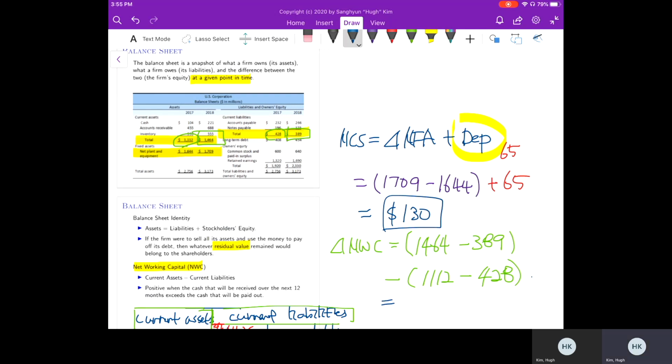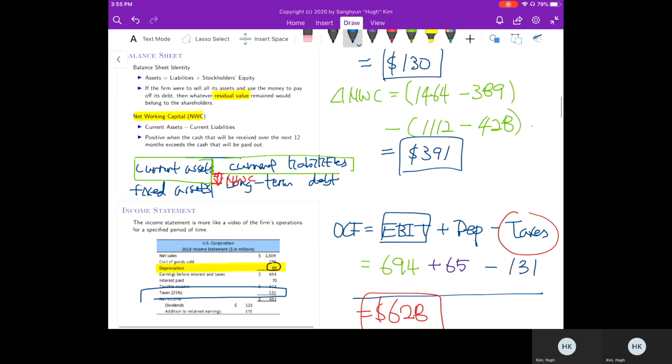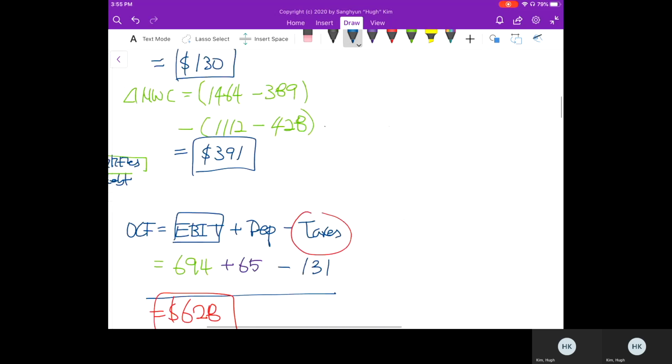So change in net working capital is going to be $391. So you can combine all of this.